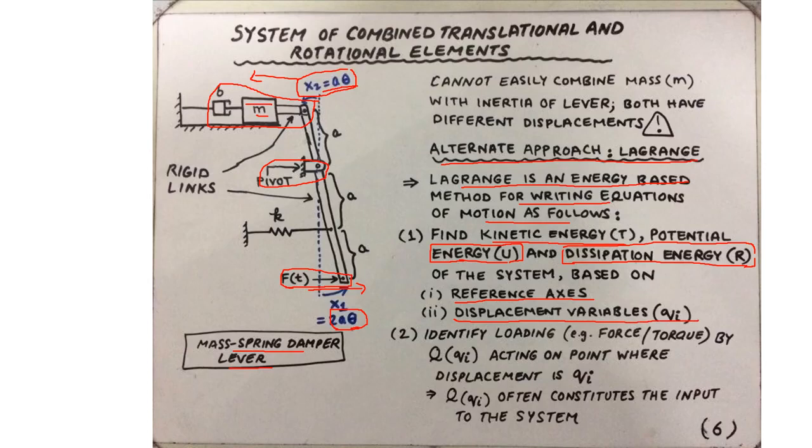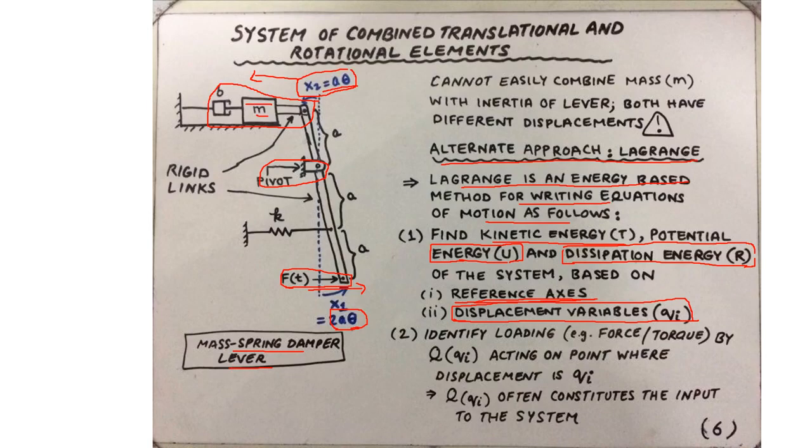So there is an overlap in setting up the problem or the model, as was the case when we discussed the general guidelines for modeling systems containing both translational and rotational motion elements. So the reference axis is again emphasized. We need to define a reference axis based upon which we describe our displacement variables, Qi.